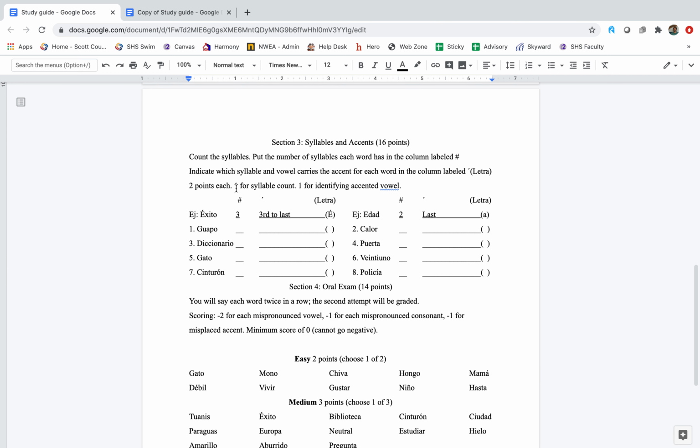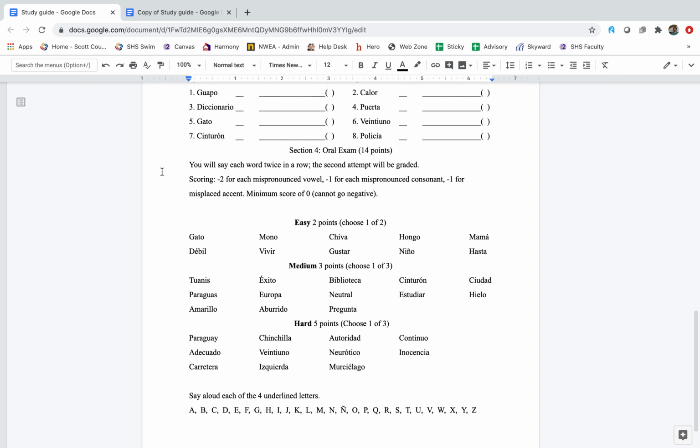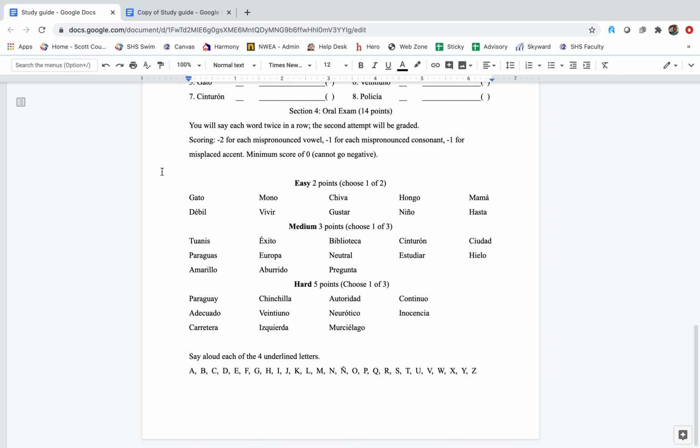Section 3 is syllables and accents, so counting syllables and understanding where accents are in words. And finally, we have an oral section, which is going to be speaking on your part, pronouncing words. This will actually be in a different section.